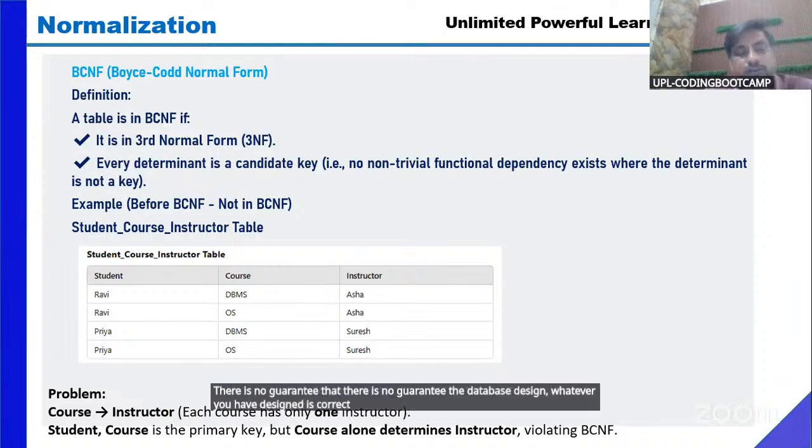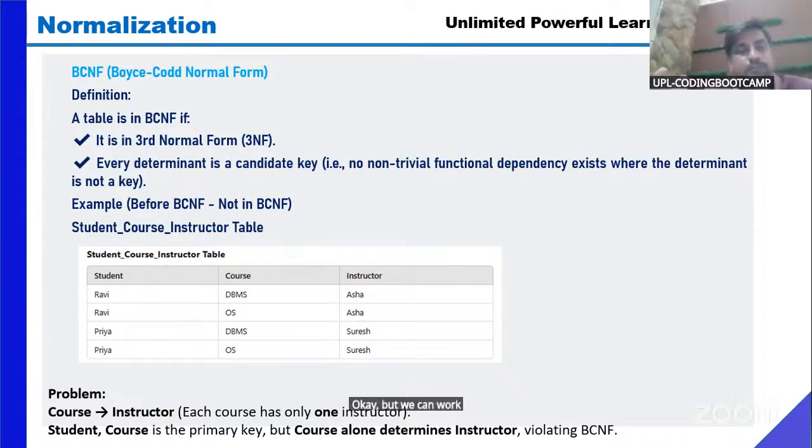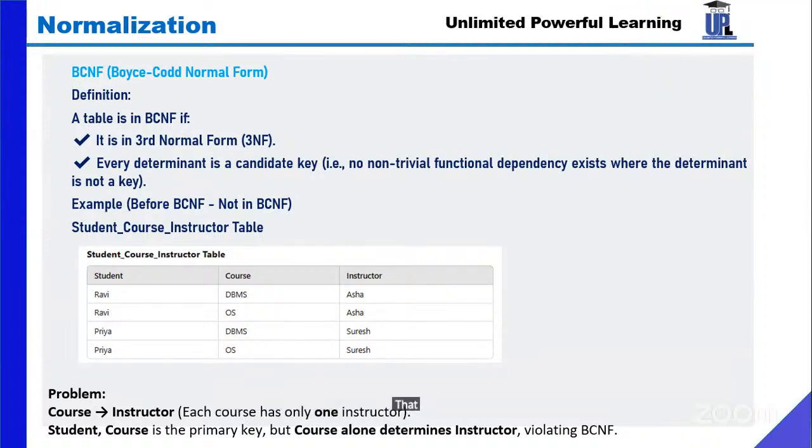But we can overcome through minimum problems. That's why in the interview they always ask how you ensure your database design. You should tell them third normal form. Why have you not done fourth normal form? No one does it because it has a lot of implications. If required, we will do it. That's it. Thank you, sir.